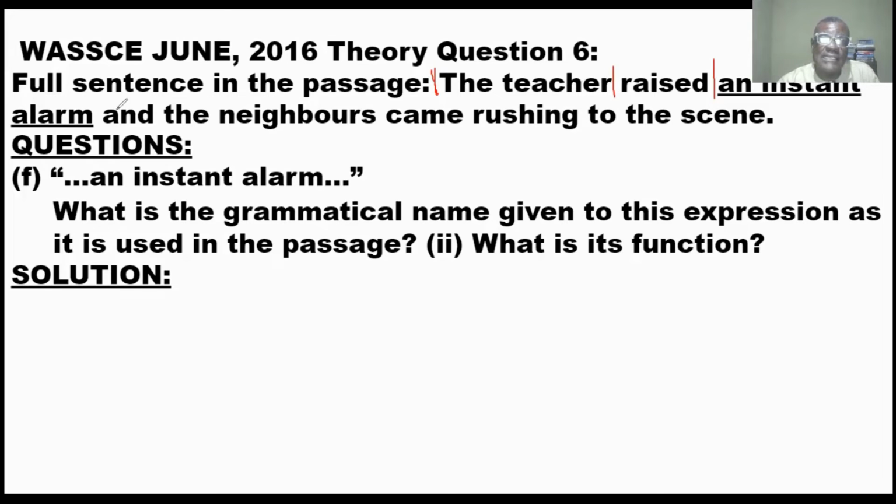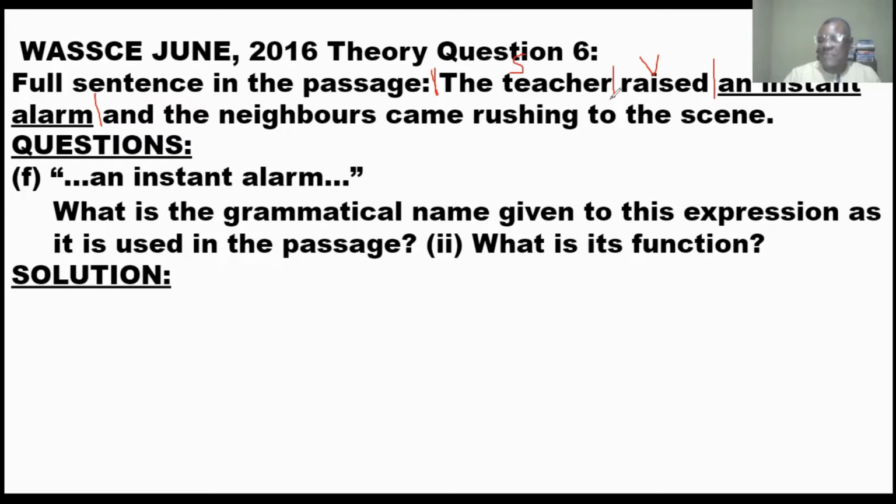So if we break this into its logical components, the teacher is the subject, raised is the verb, and instant alarm is the object. How do we know? This is an action verb. The teacher raised.